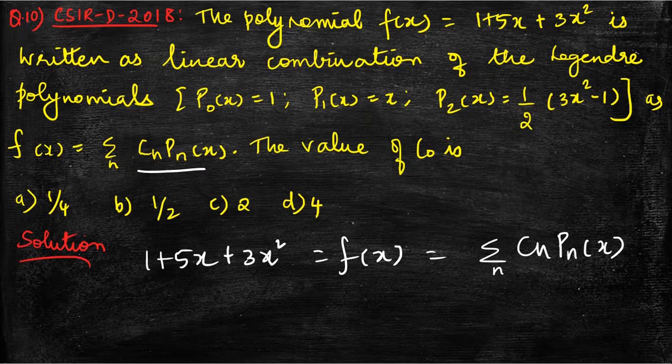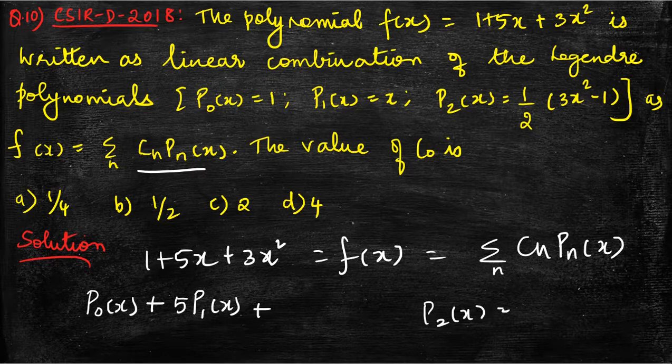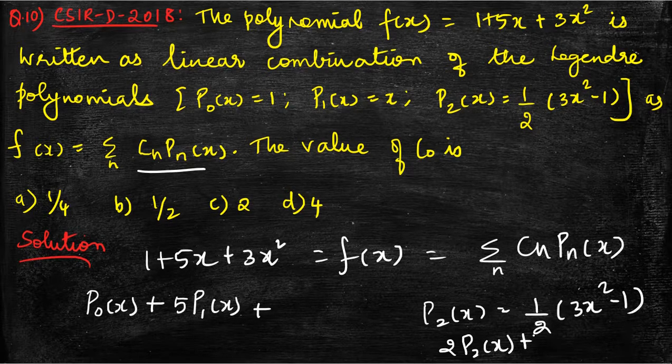So instead of 1, I can write P0 of x, and instead of x, I can write P1 of x, and instead of 3x squared, how can I write this? We know that P2 of x is equal to 1 by 2 times (3x square minus 1). So 2P2 of x plus 1 will give you 3x square. So I can write this as 2P2 of x plus 1.